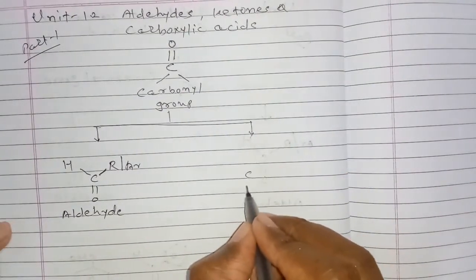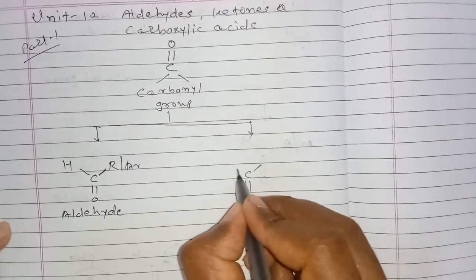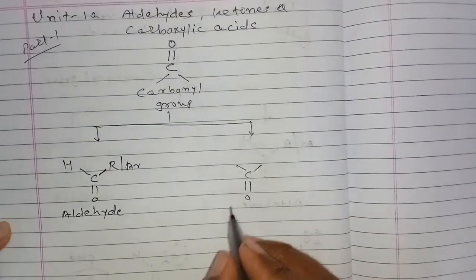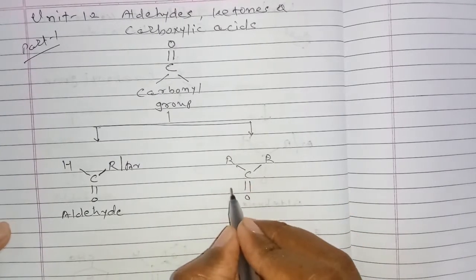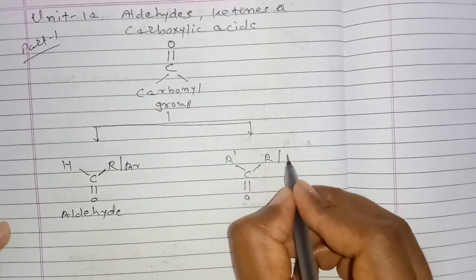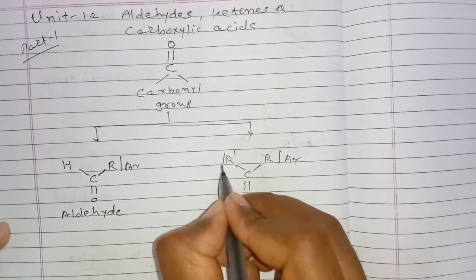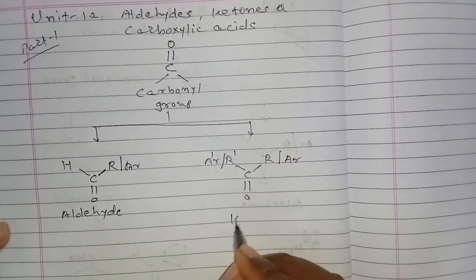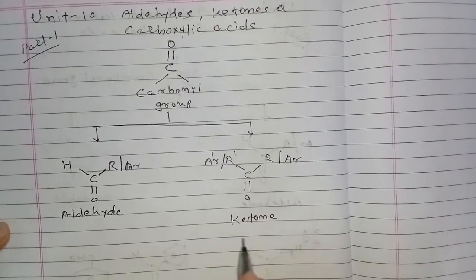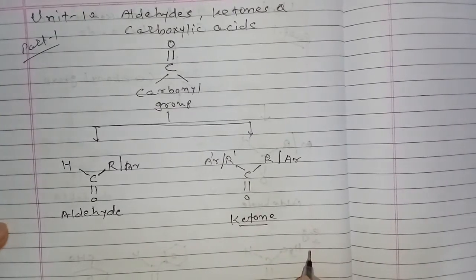And if the carbon of the carbonyl group is bonded with two carbon atoms of alkyl or aryl groups, it is called a ketone.